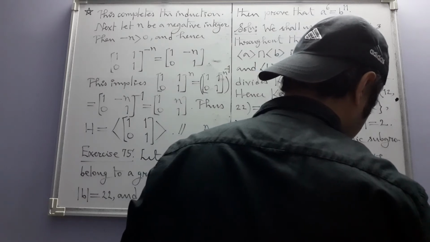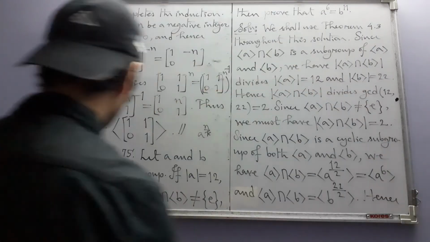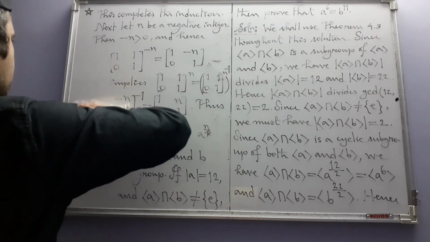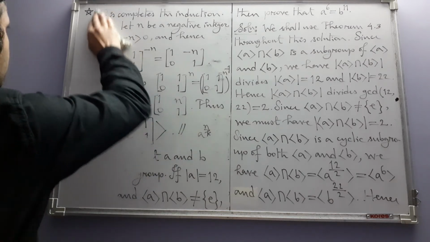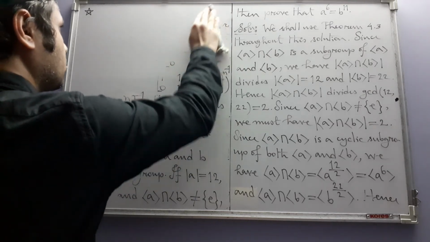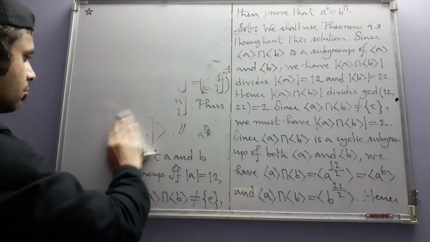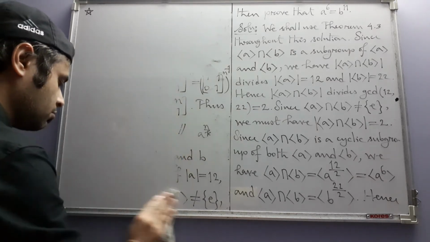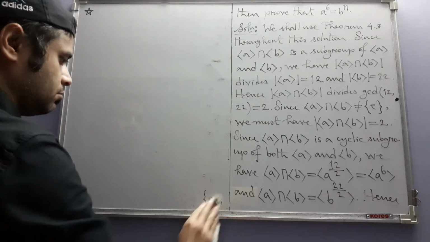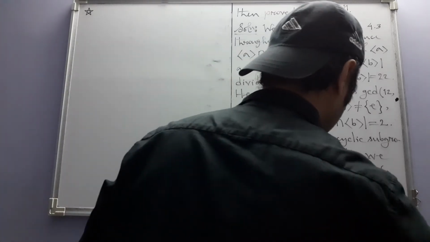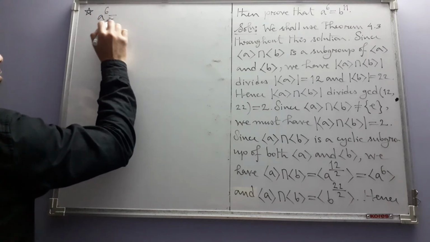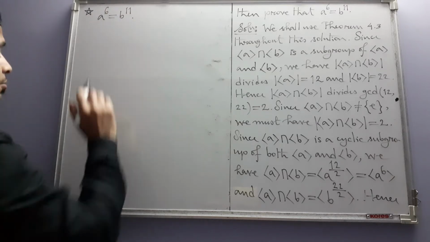Hence, this will be b to the power 11, hence this is equal to b to the power 11, but why?